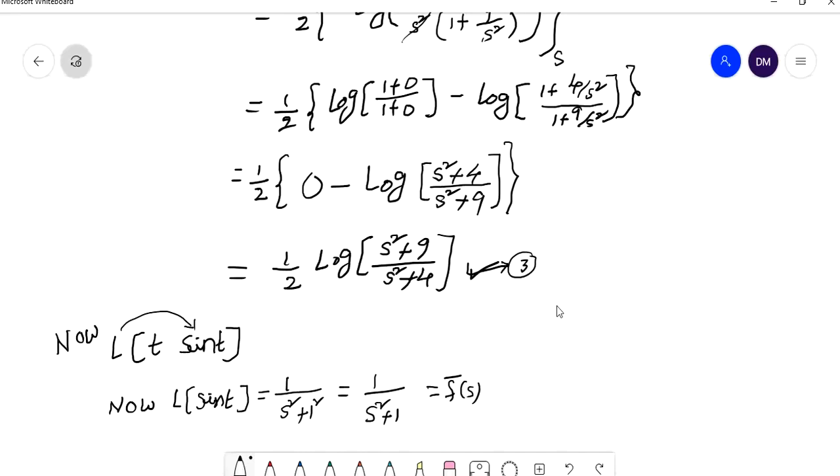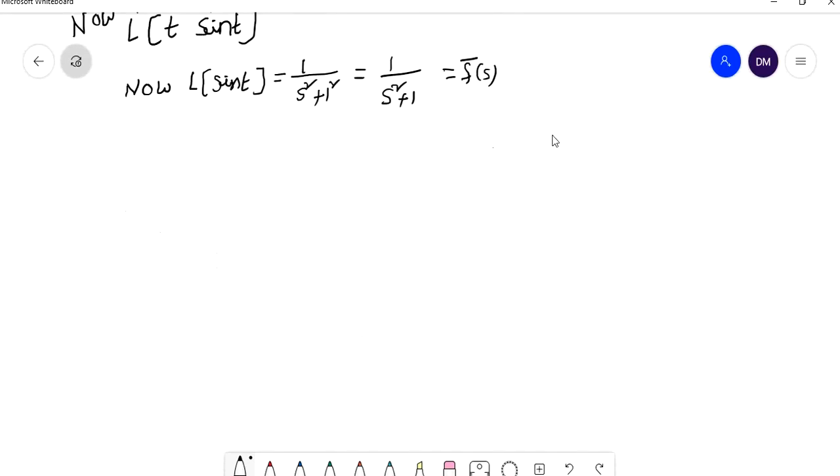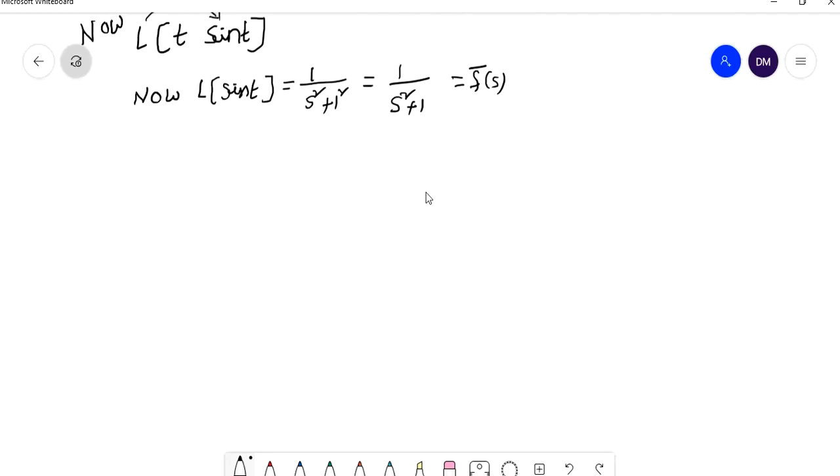Now by using multiplication by t power n property, L of t into sin t can be written as minus 1 whole power n into d by ds of f bar of s, because here n value is 1.